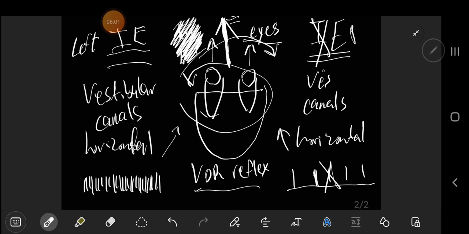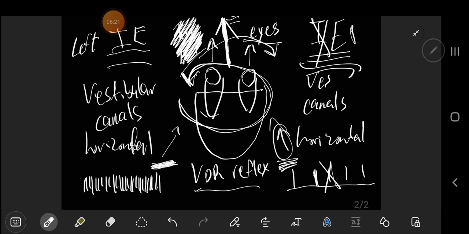It's just that this inner ear is damaged, so it sends fewer signals. The brain interprets that this side sends a lot of signals and this sends fewer signals, so it thinks that your head is rotated to the left. But your head is not rotated to the left. This is just because you feel that way.